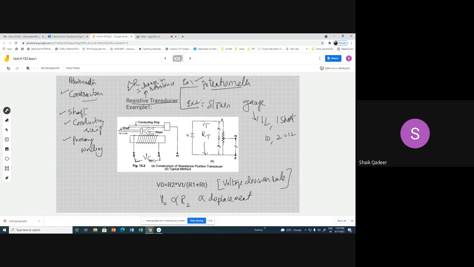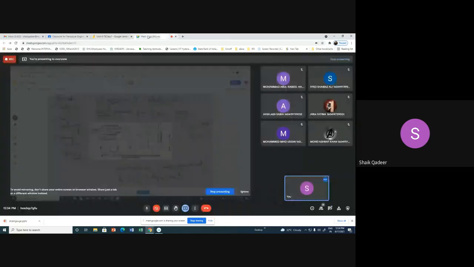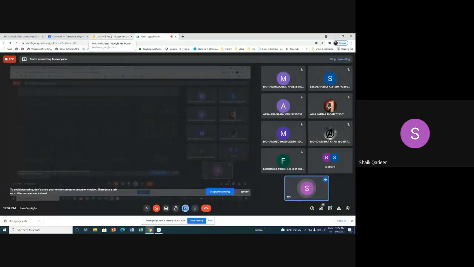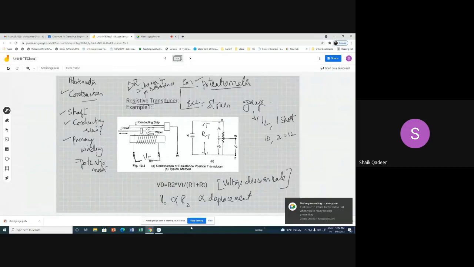The primary winding is actually called the potentiometer. Next point under construction: this moving contact can be linear or angular.